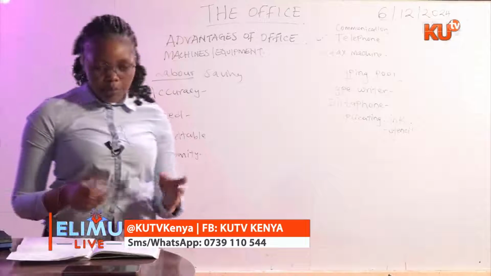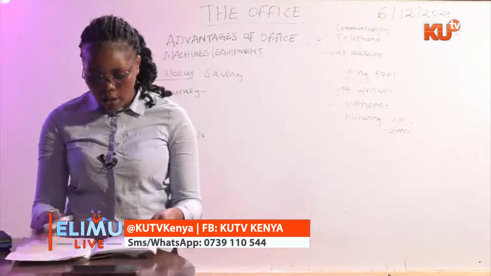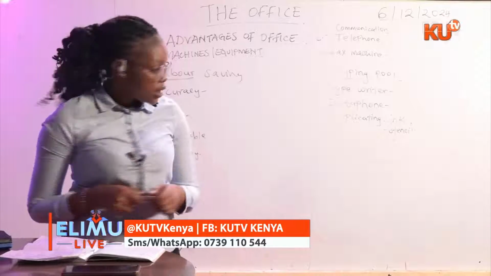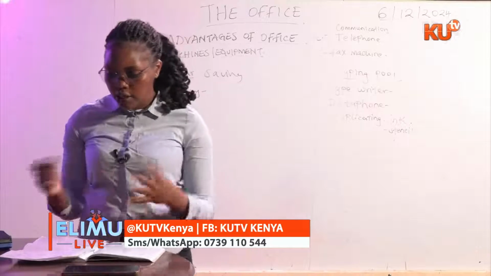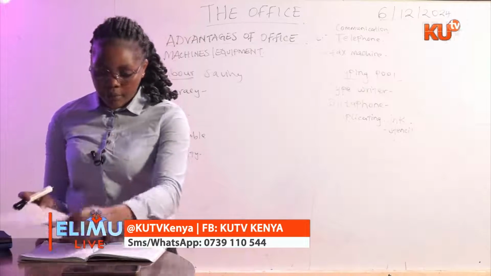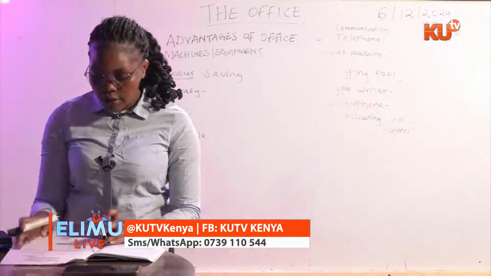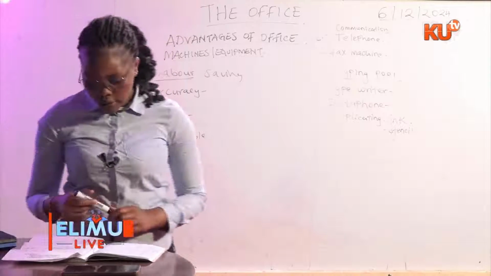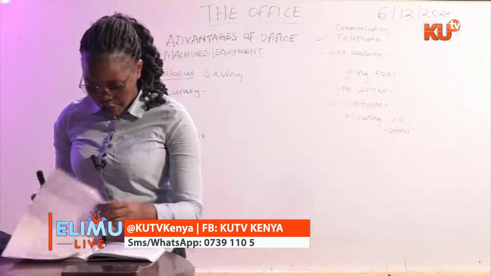Uniformity means the output is the same for all the documents that have been done using the machines. Everything is equal. Like in schools, when you're given an exam paper, they are all the same because the printout has been done using a machine.